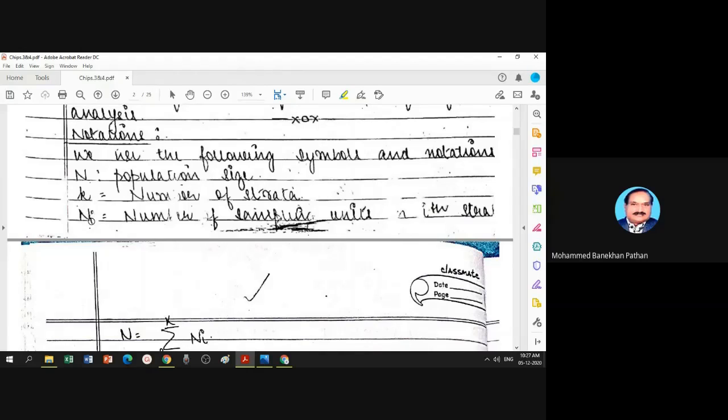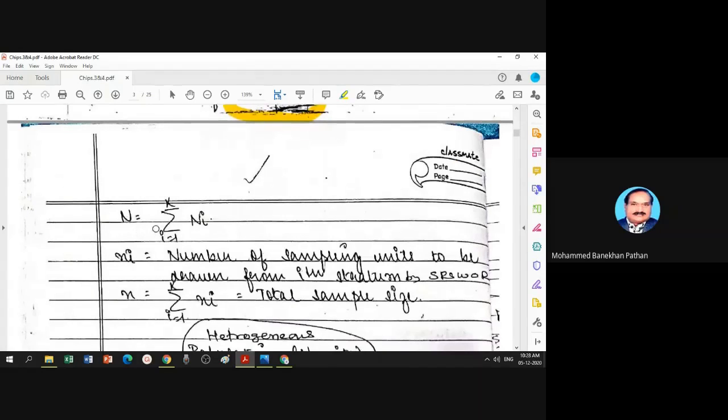Capital Ni, subscript, number of sampling units in ith strata. I think this word should not be there. You just scratch it from the notes. Number of units in ith strata, capital Ni. Sampling word should not be there.